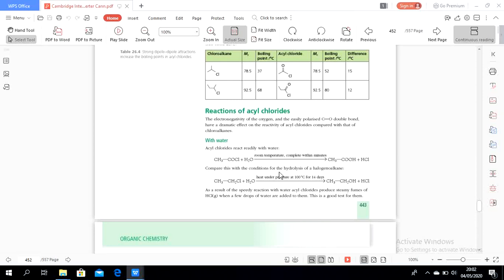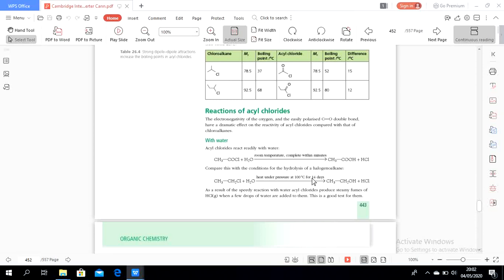Compare this with the condition of the hydrolysis of halogenoalkanes. Halogenoalkane also reacts with water. The product of halogenoalkane is alcohol, plus the same HCl. The condition is different. Acyl chloride is much more reactive than halogenoalkane.